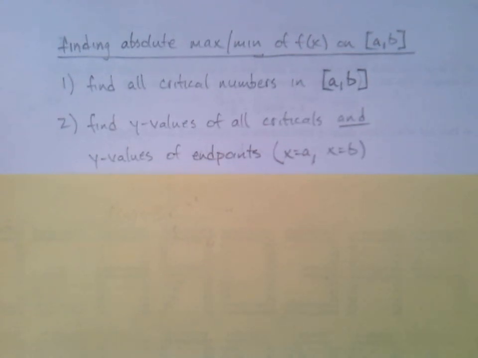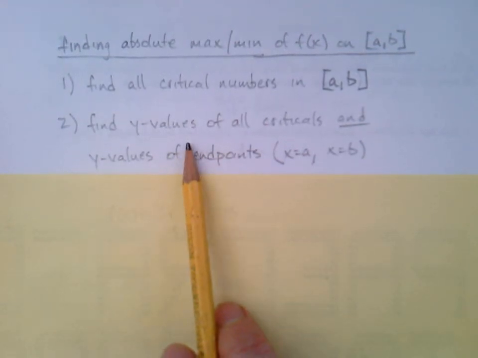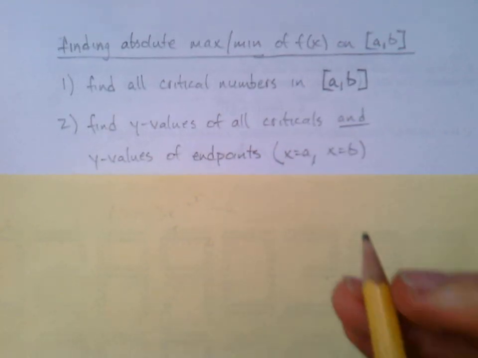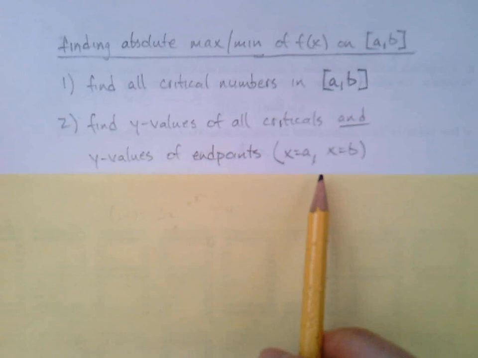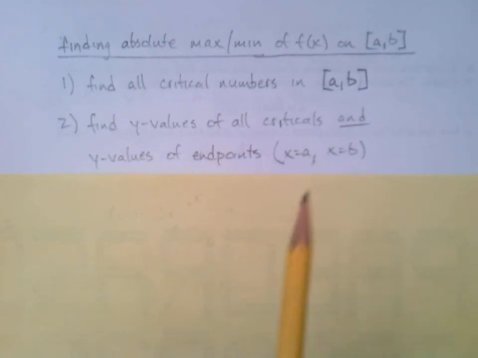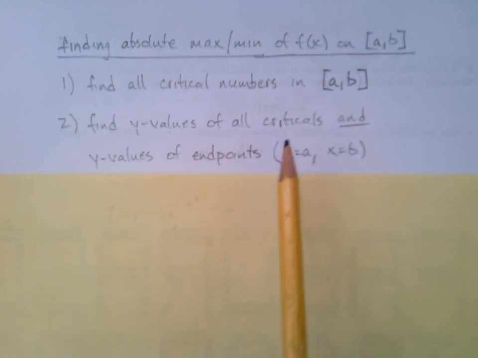Then, once we find the critical numbers, we're going to find the y values of those critical numbers. And we're going to find the y values of the endpoints at x equals a and x equals b. So once we have the y values of the criticals and the y values of our endpoints, that will give us all of the candidates, if you will.